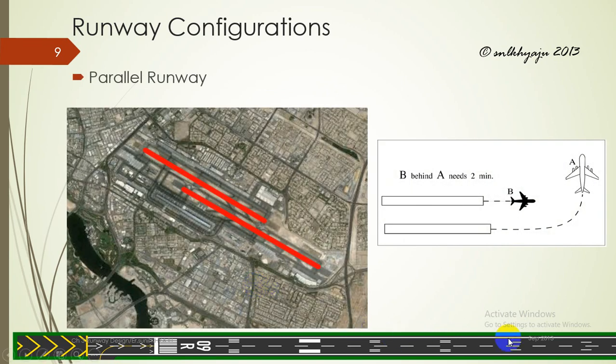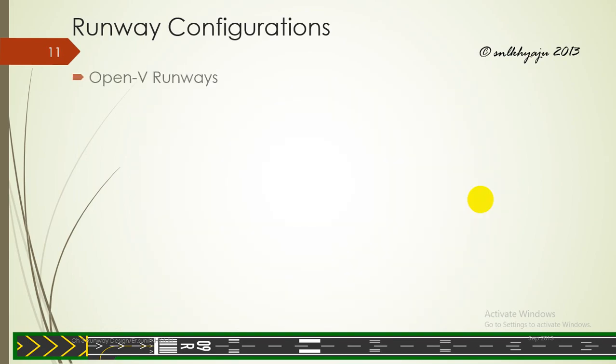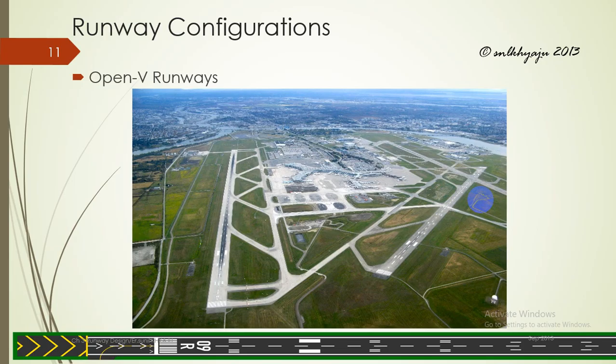In this case, an aircraft takes off from, suppose, runway A, and it requires a minimum of 2 seconds before an aircraft takes off from runway B, so that they can be laterally and vertically separated for the safe operations of aircraft in space. Similarly, these are the intersecting runways. Similarly, open V runways.